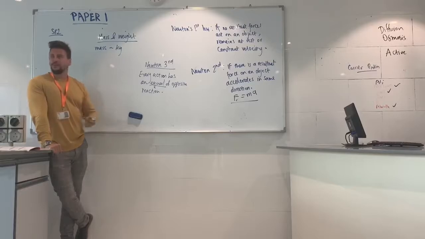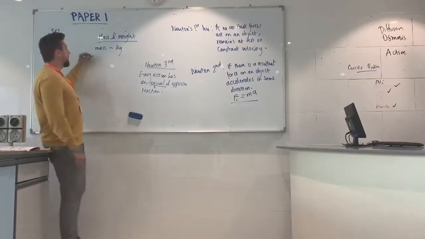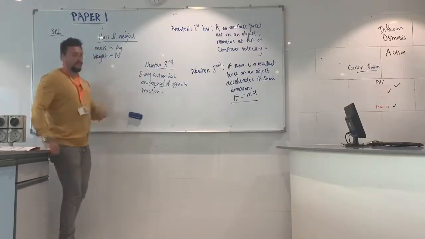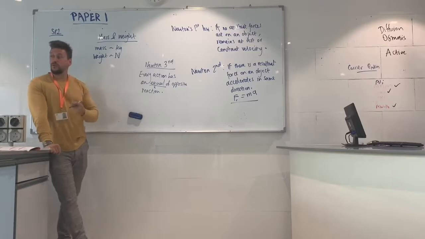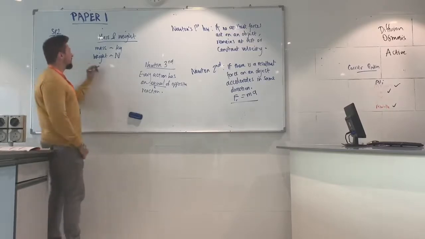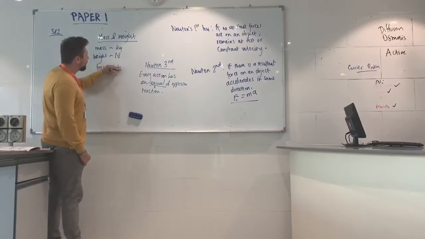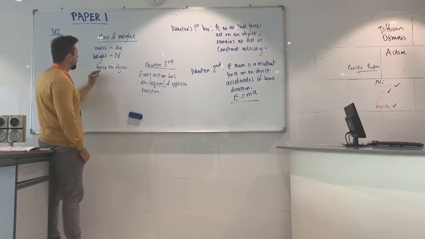So all the atoms in the object itself gives it its mass, but weight is measured in newtons, which is a force due to gravity. Okay? So weight is the force acting on the object due to the gravitational field strength. So force on object due to gravity.